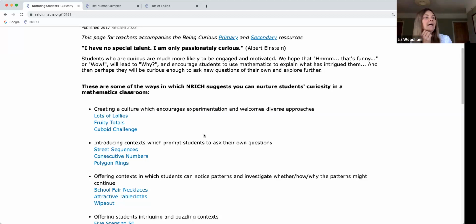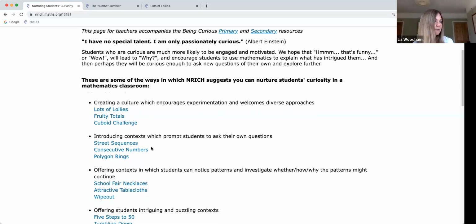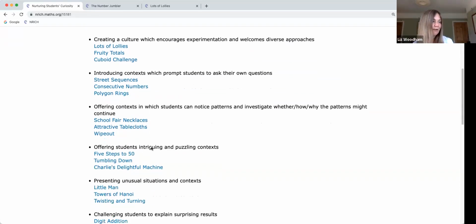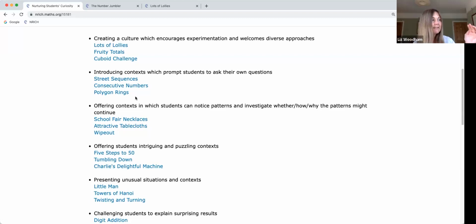So what Charlie and I have done here is we've thought about 7 categories, if you like, 7 ways in which we think that you might be able to nurture that natural curiosity and build on it in a mathematical context. Now, if I scroll down briefly, you can see that on this page, each blue link is a different NRICH task.